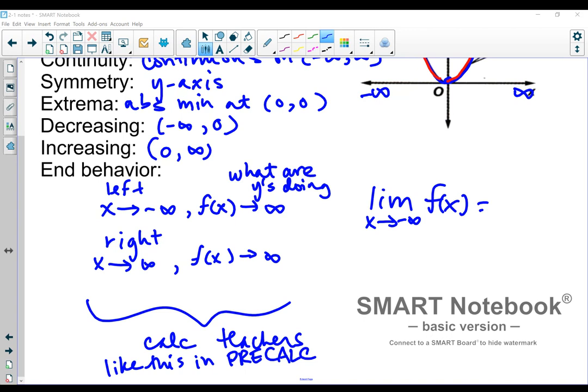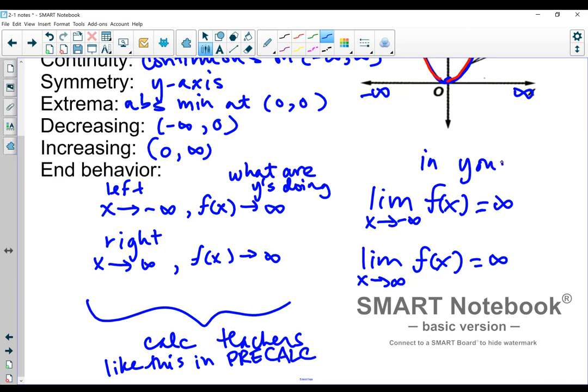So they're going to talk about a limit rather than where is the f of x going to. That's going to equal infinity. And the other one would be limit as x goes to infinity of f of x is infinity. So they're going to write it that way in your book. So just know that as you're checking your answers, but if you would like to write it this way, I would really prefer that you write it this way.